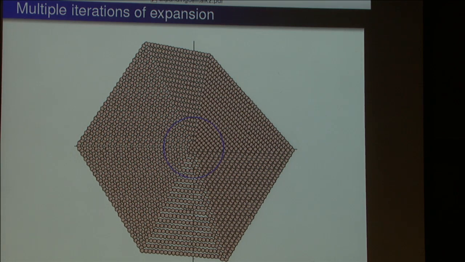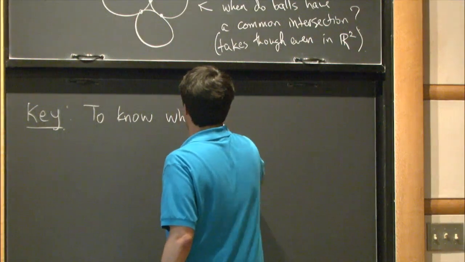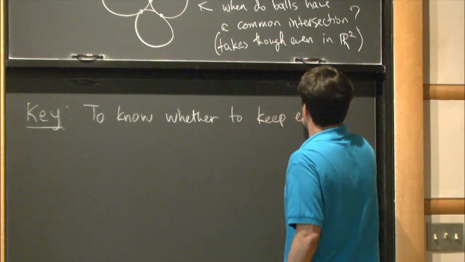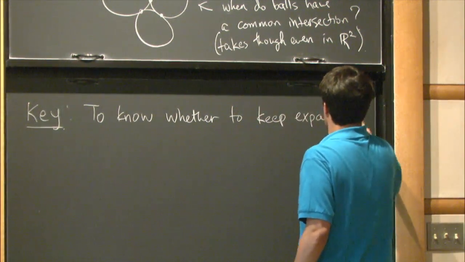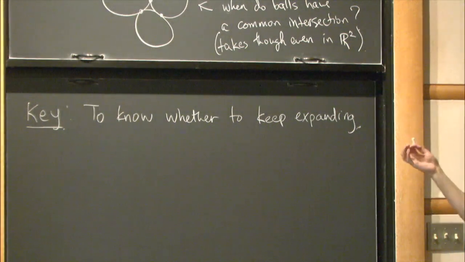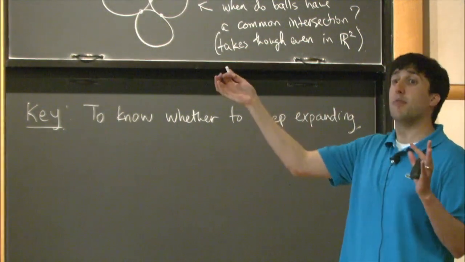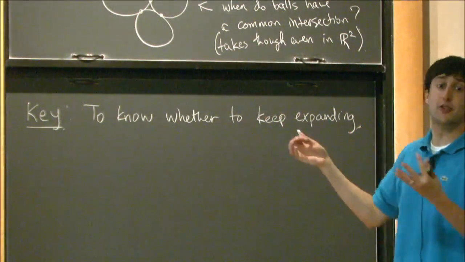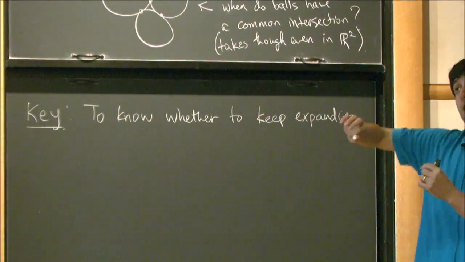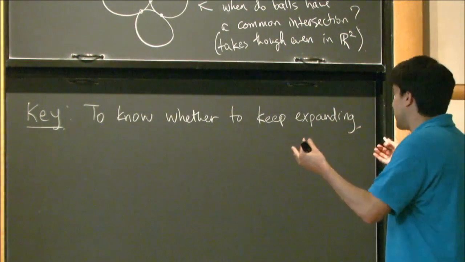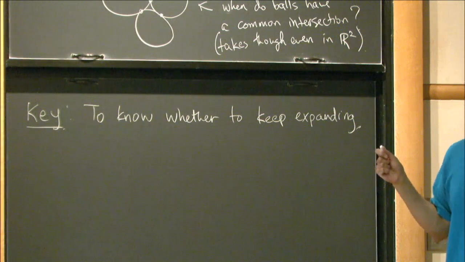to know whether to keep expanding, for one of those yellow points in those pictures some slides ago, to know whether to turn them blue or to make them disappear, you have to know whether they're close to one of the blue points or far away from all of them.